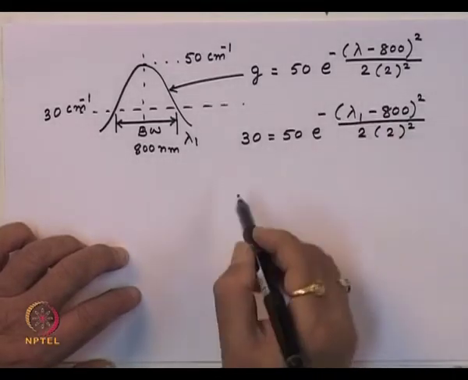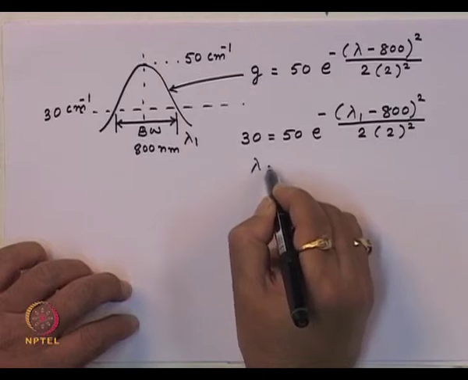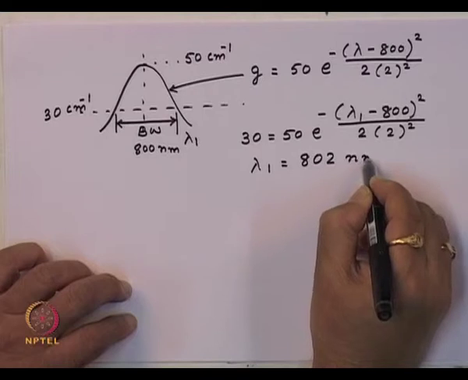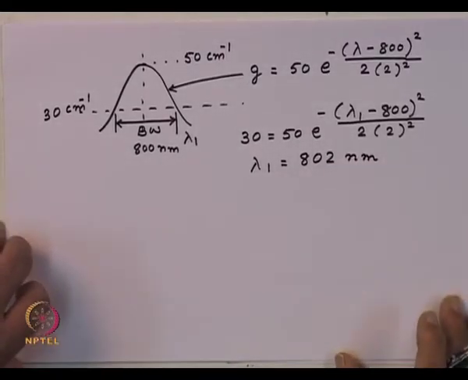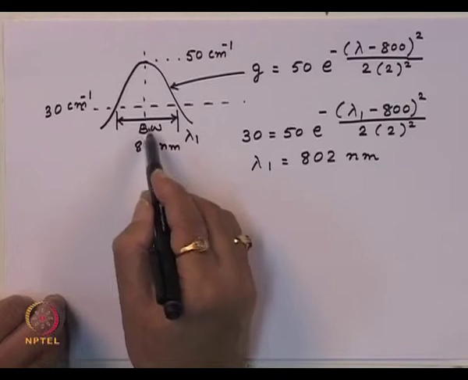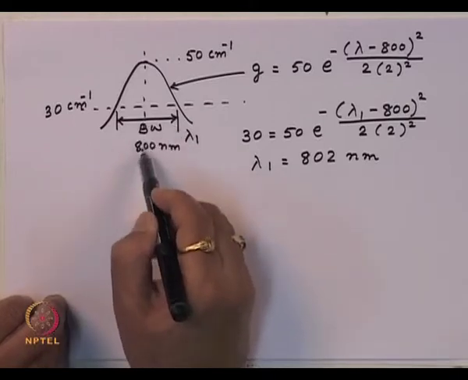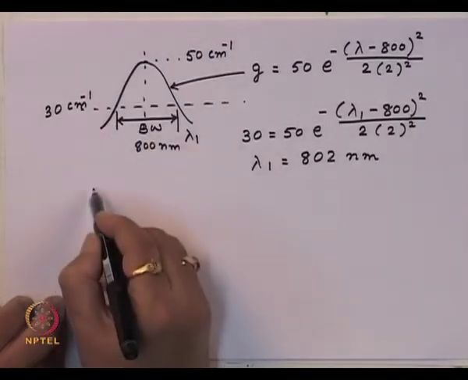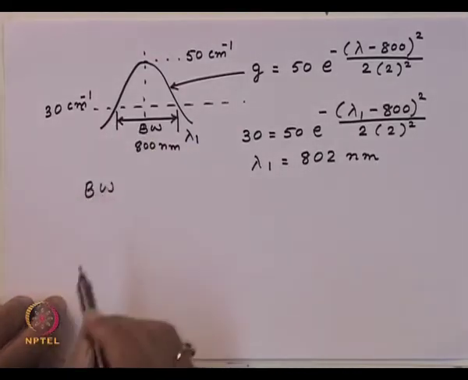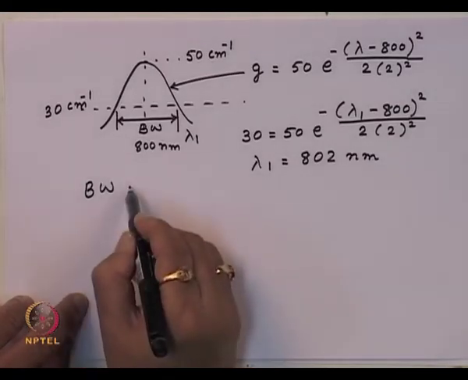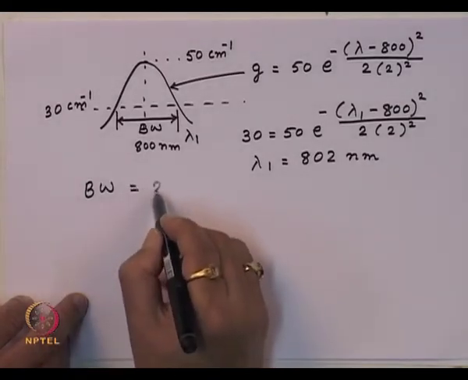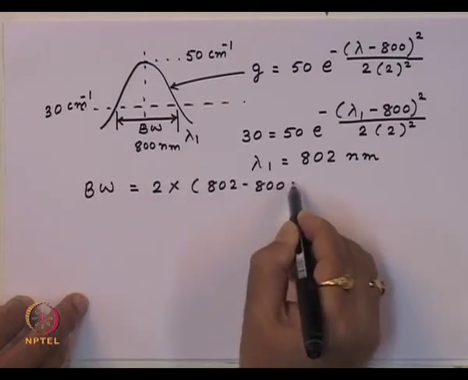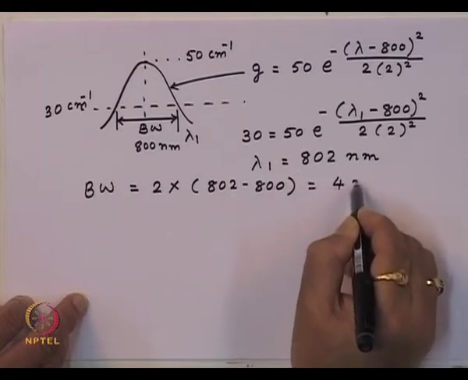By solving for lambda 1 from here, we get lambda 1 is equal to 802 nanometer. So, this quantity 802 minus 800 is 2 nanometer here and 2 nanometer here. So, the bandwidth where the gain takes place is equal to 2 times 802 minus 800, which is equal to 4 nanometers.